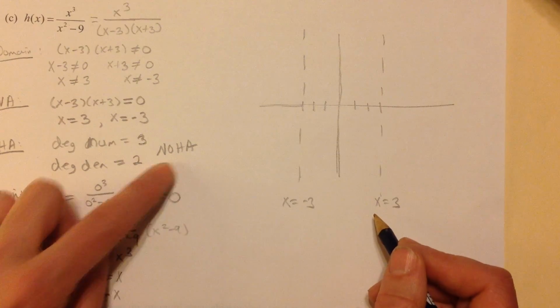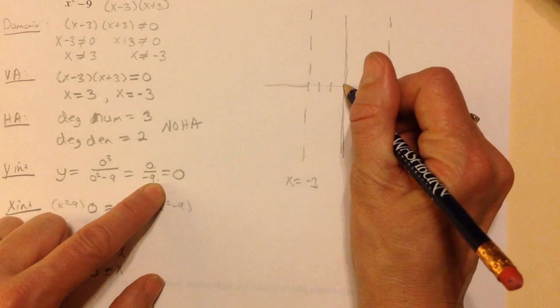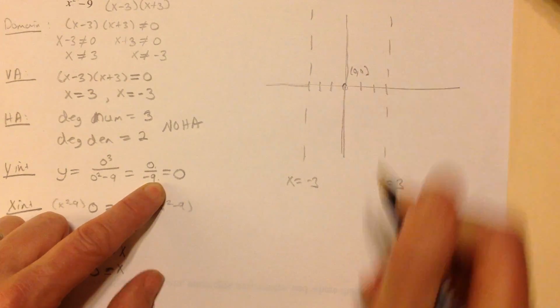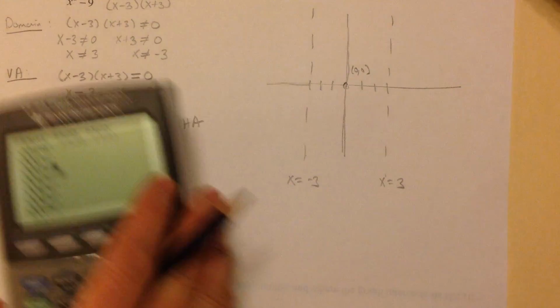No horizontal asymptote. Y and x-intercept are both at the origin. Okay, now that's the only information that we specifically have.